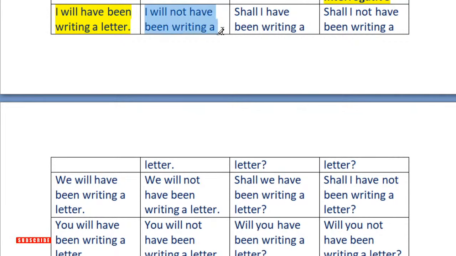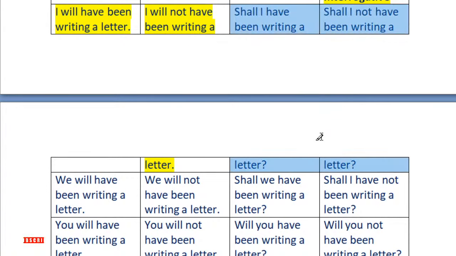I will not have been writing a letter. Then shall I have been writing a letter? And shall I not have been writing a letter?